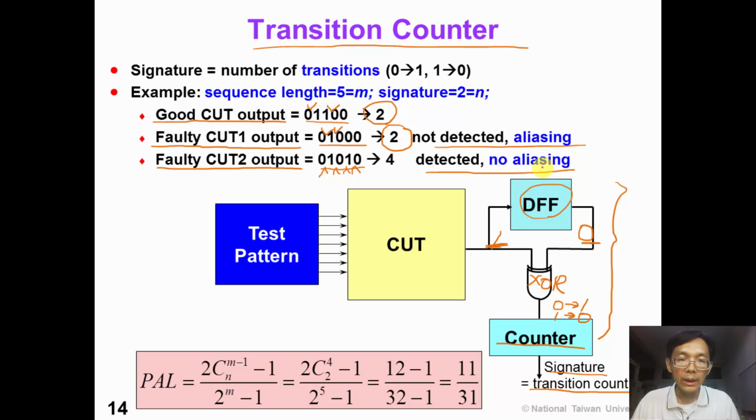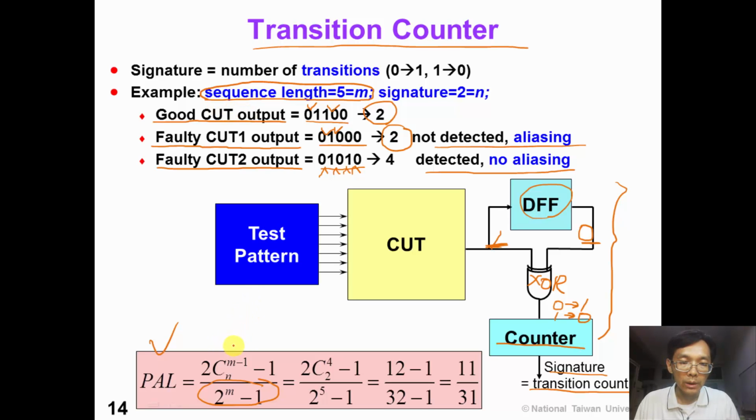So how can we analyze the PAL of this transition counter? We can use this equation. In the denominator, again, we have 2 to the power of m minus 1, where m is equal to the output bit sequence length. In this particular example, it is 5.